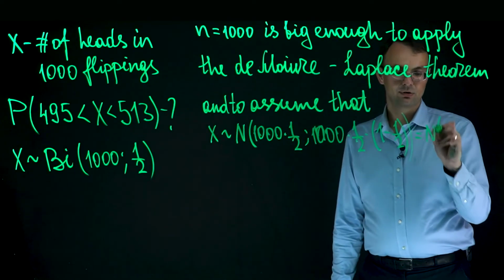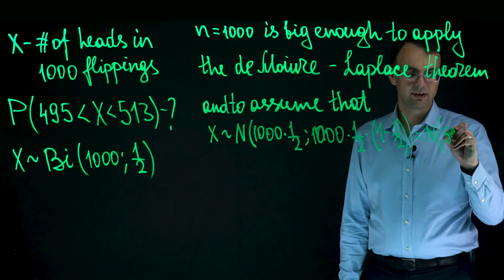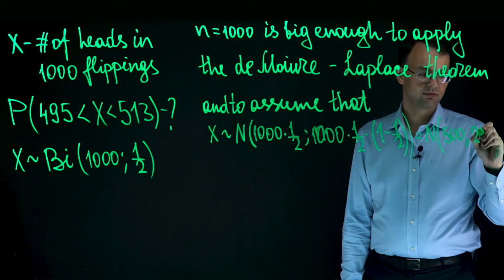So that means normal distribution with parameters 500 and 250.